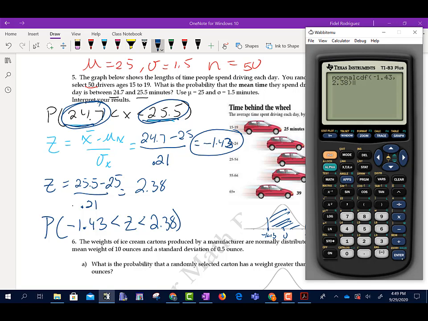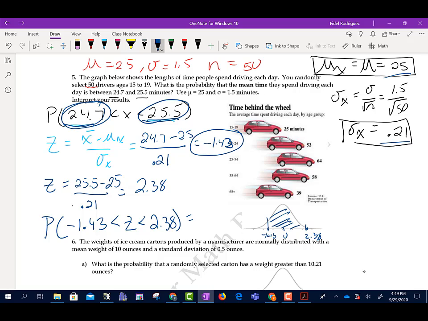Close it off, hit enter, and I'm coming up with, to 4 decimal places, 0.9150. So we would say 0.9150, right? And there's my answer.